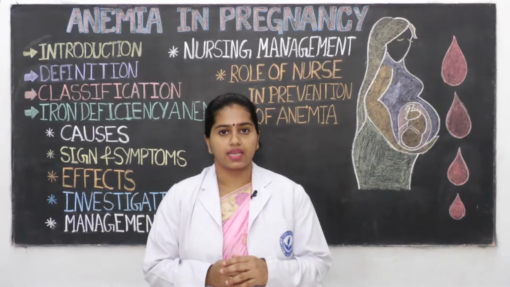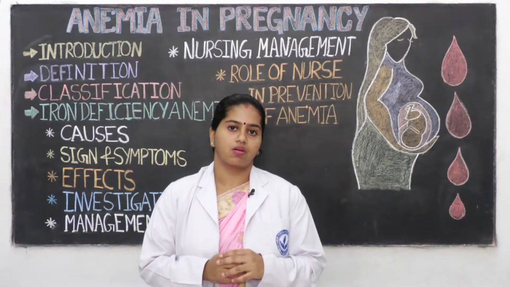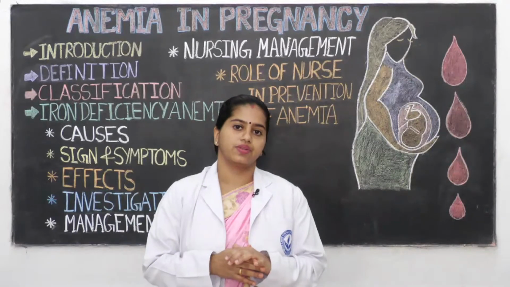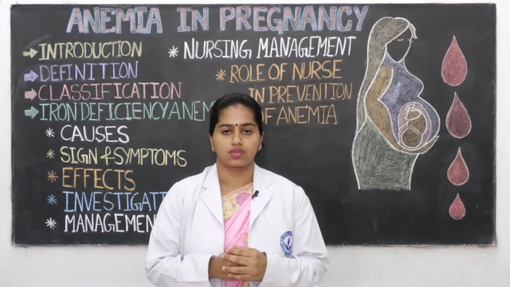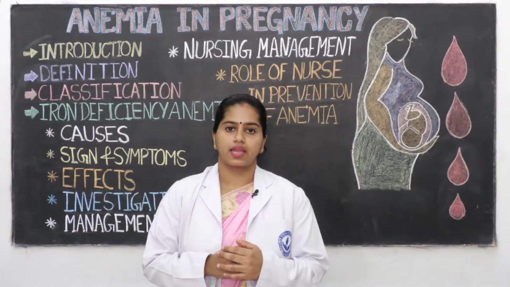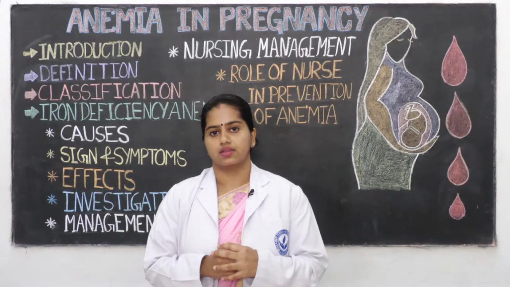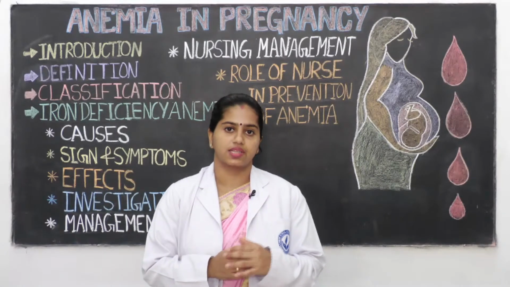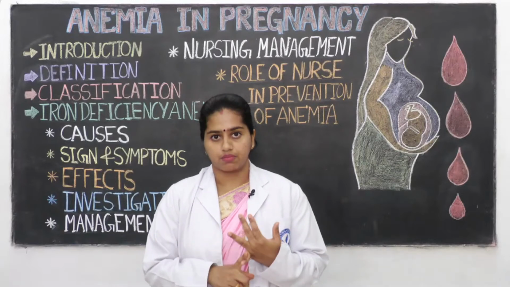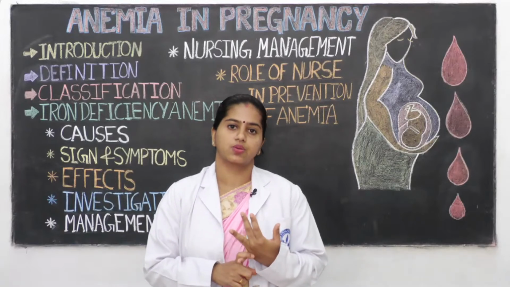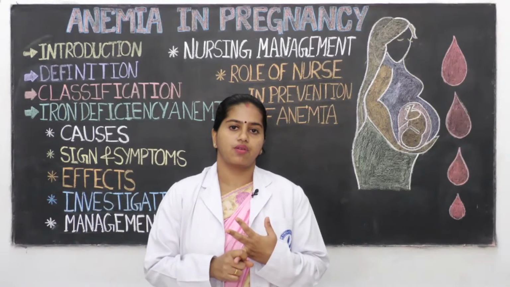And another one is IM injection. IM injection can be given alternately according to the gestational week with the doctor's prescription. And this can be administered by the Z-track method. When we are giving the iron injection, we go with the Z-track method. So parenteral therapy consists of intramuscular and intravenous therapy of iron.